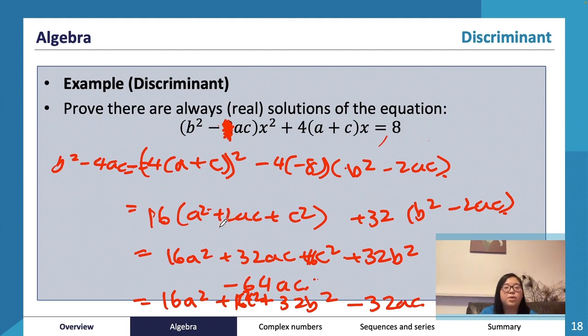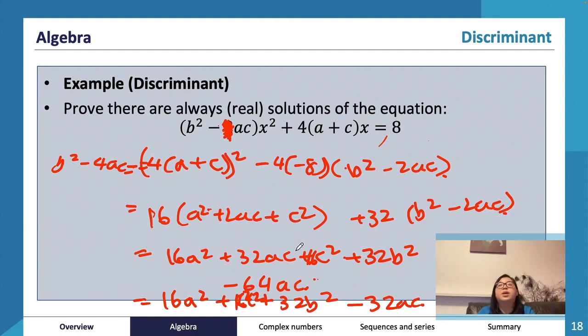There are only real solutions if we know 16a squared plus 32b squared plus 16a squared is going to be bigger than 32ac, because potentially we could have had a, b, c all equal to 1, right? It would still be overpowering, wouldn't it?